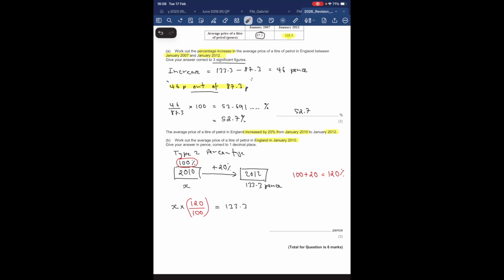So what I've done is I've taken the original amount X, which I don't know, I'm multiplying it by this fraction 120%, which is 120 over 100, and I'm getting the new value of 133.3 pence, which is a 2012 value. Now, all I need to do is just solve this equation.